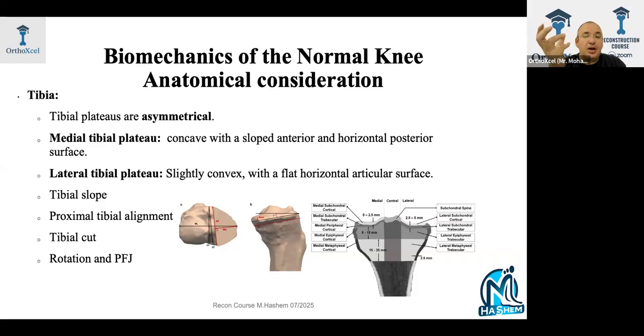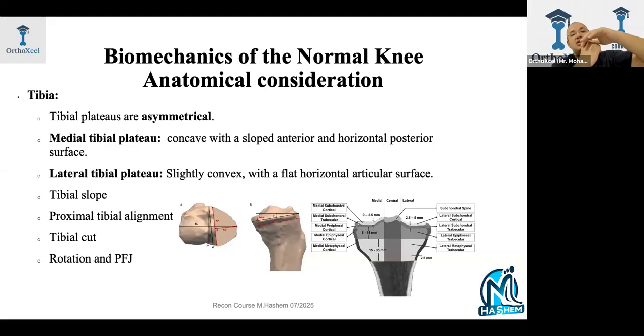Rotation of the tibial component is against the rotation of the tibia. So if I externally rotate my tibial component, this is equal to internally rotating my tibia. So I'm maintaining the patellofemoral tracking. Again, this is the tibia and this is the tibial component. When you externally rotate the tibial component, it is equal to internally rotating the tibia.